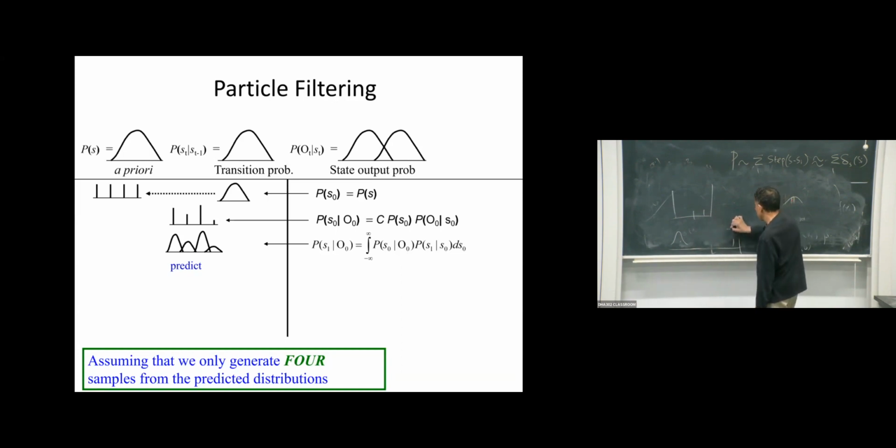And so you're going to end up with that because this guy is high, and then maybe these two because they're low, and then that because this is high. And the sum of those four is going to be the resultant distribution.